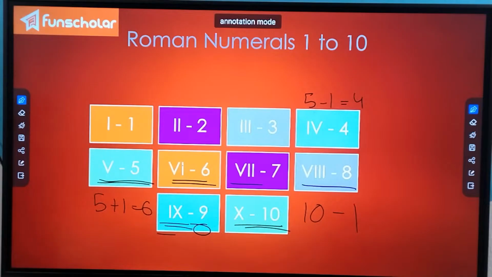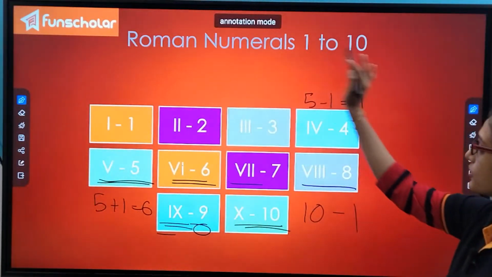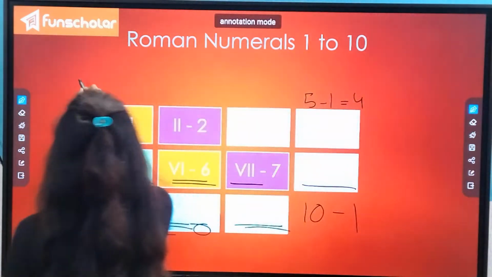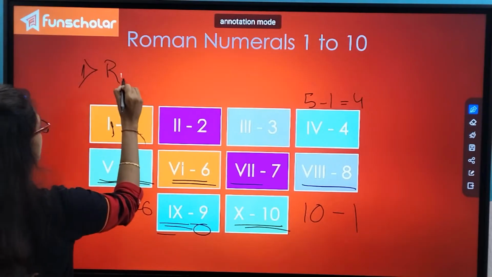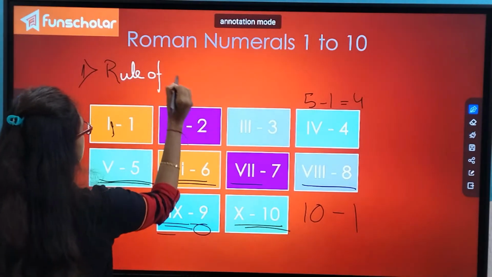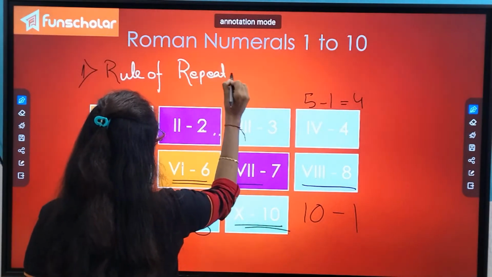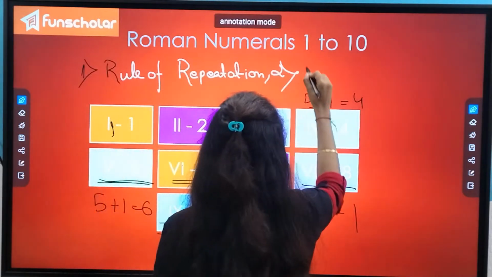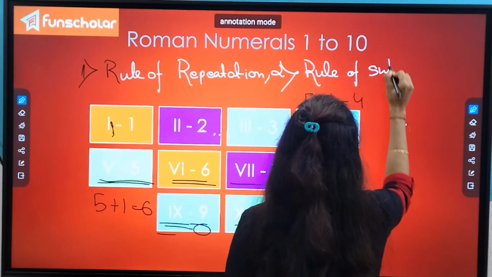Clear? Understood? Easy? You just need to practice it so that you can do it easily. But if your concept is clear, only 3 rules you have to remember. First is rule of repetition. Second is rule of subtraction.